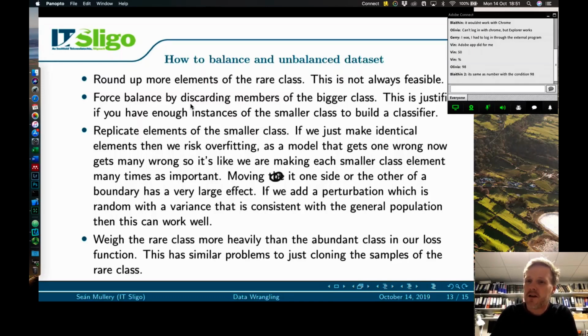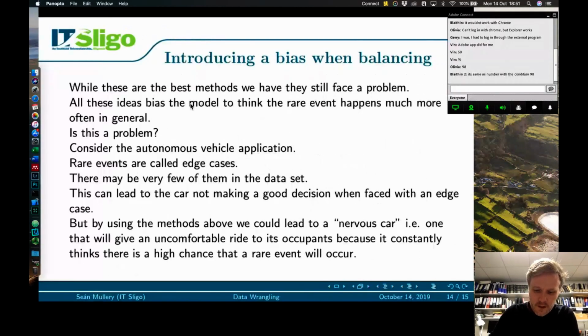The model will realize that if it changes to hit some of the examples we already have, rather than trying to be more generally good, we run into the same sort of problems again. So when we're trying to balance things, we can also introduce a bit of bias into the system, not necessarily intentionally, but just by virtue of what we're doing. While these are the best methods that we have, they still face a problem.